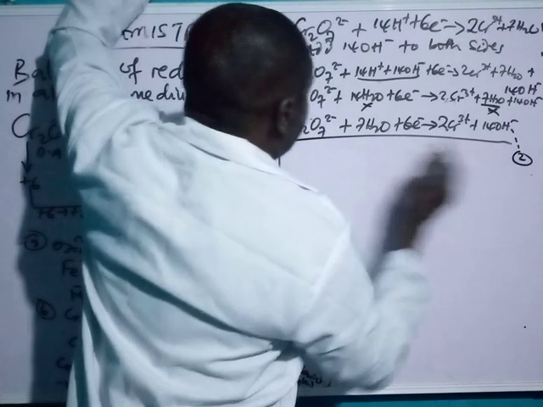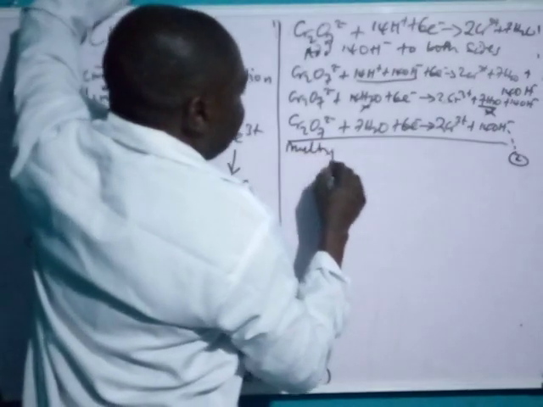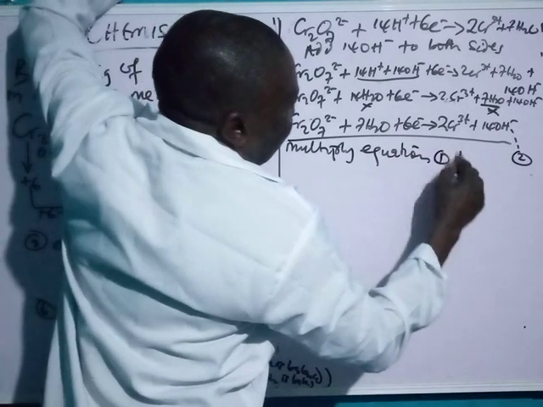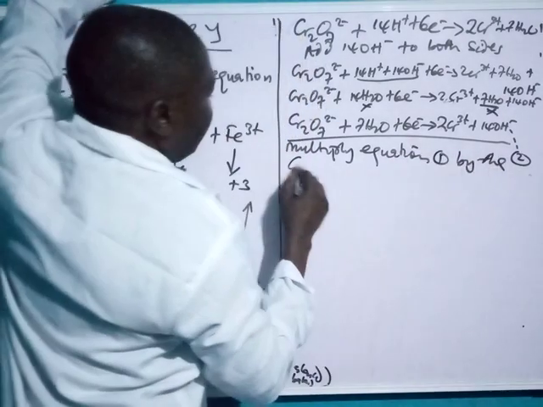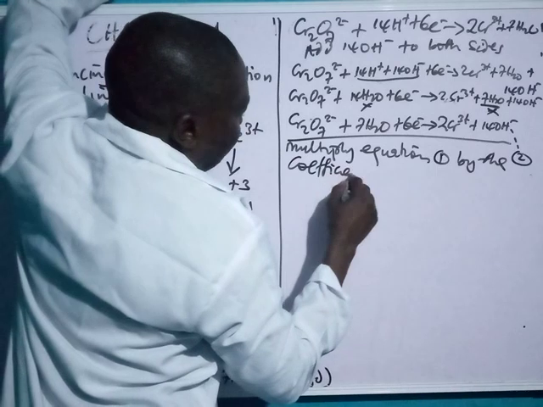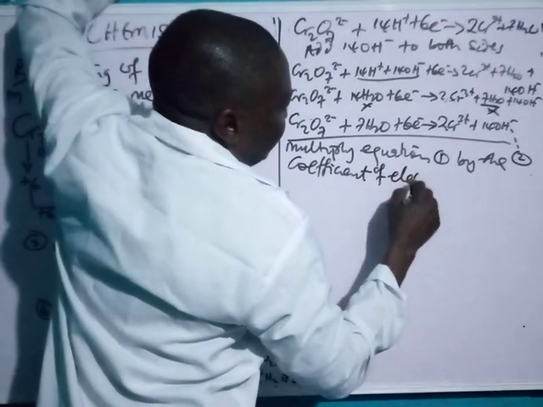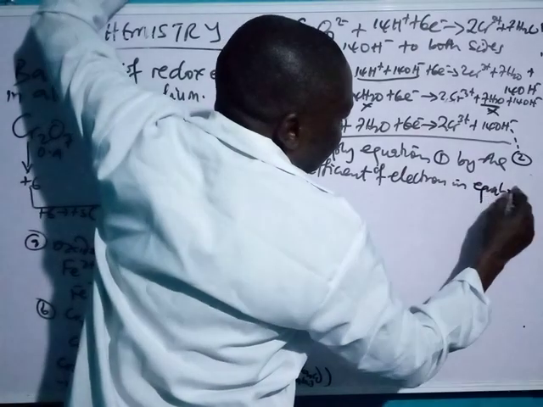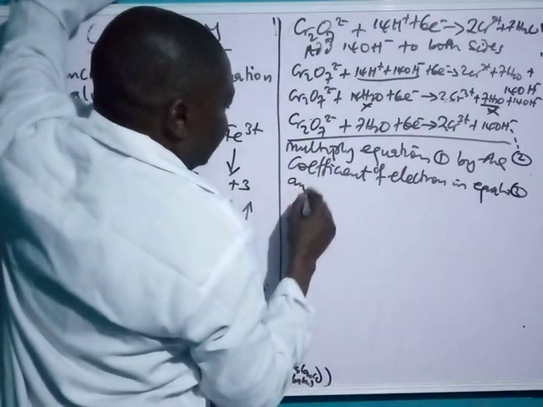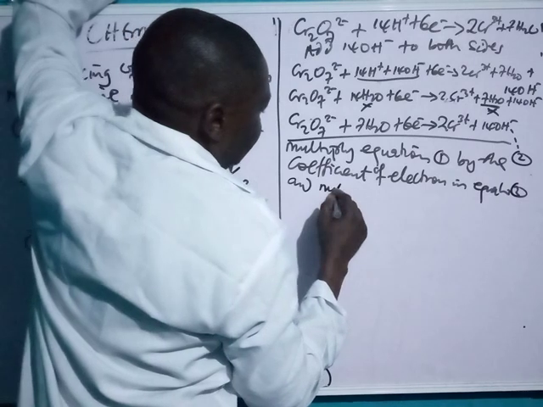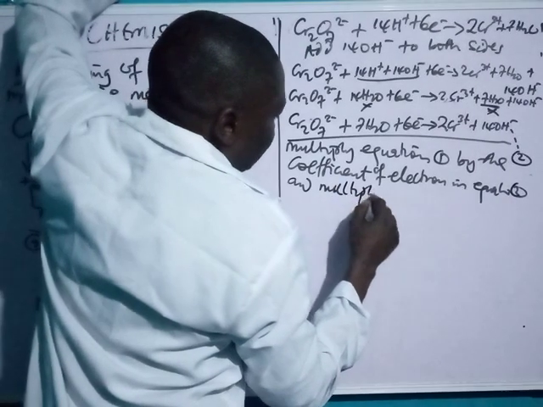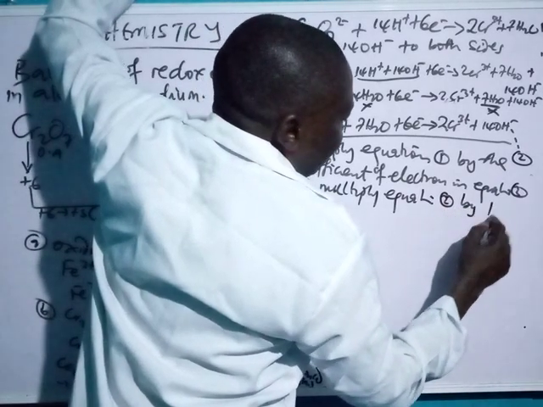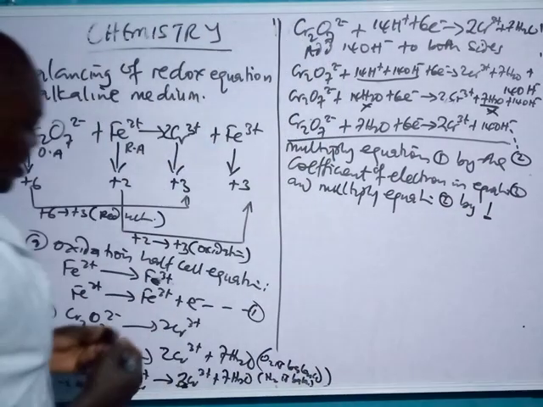So you now multiply equation 1 by the coefficient of electron in equation 2, and multiply equation 2 by 1, which is the coefficient of electron in equation 1.